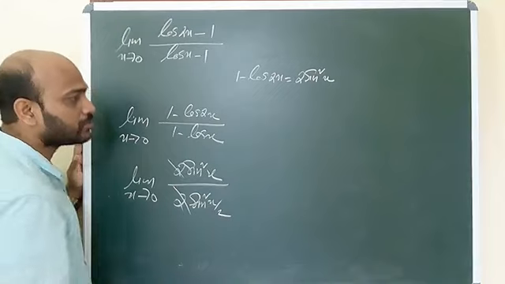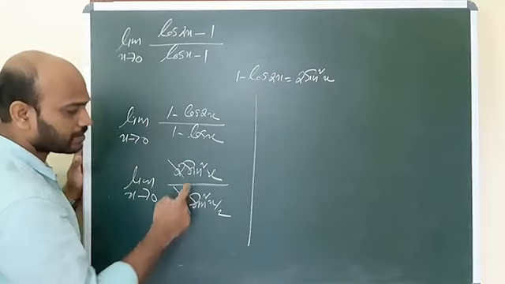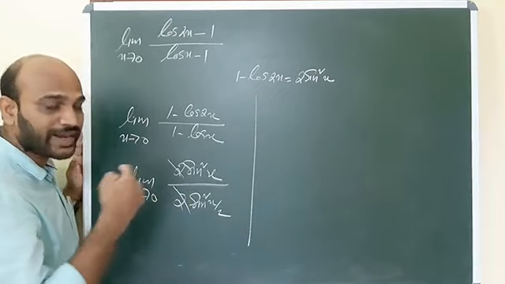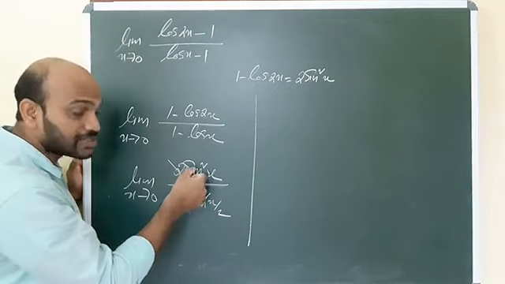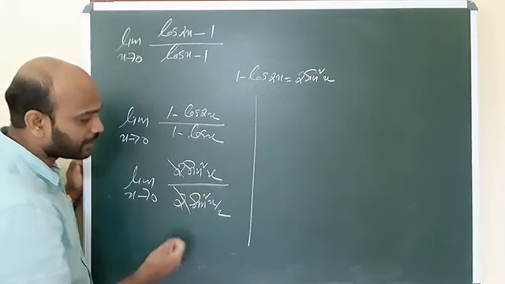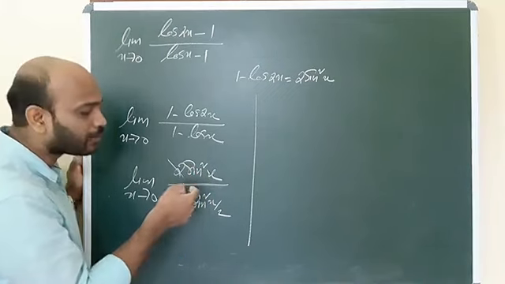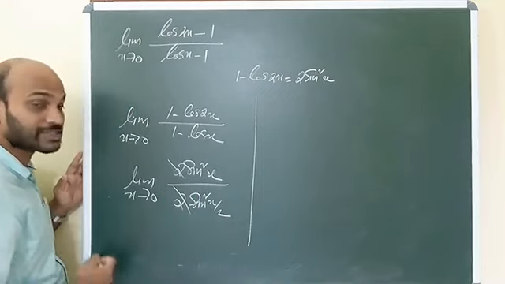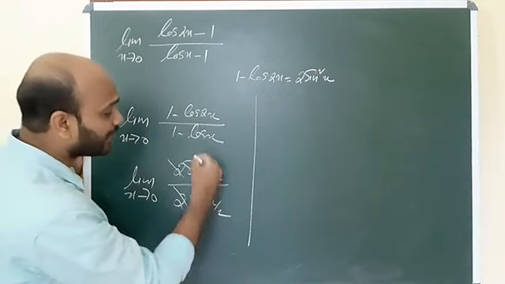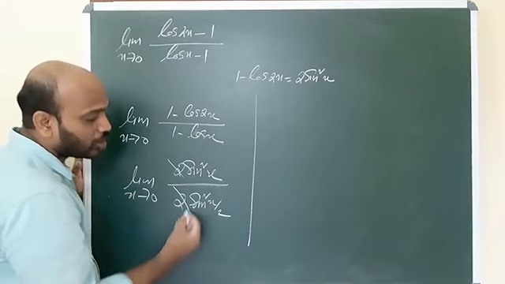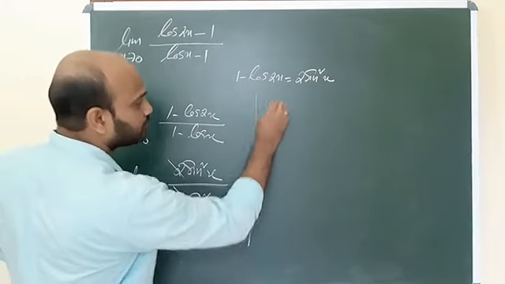We can cancel 2. Now we have to apply the formula sin x by x. So sin square x by x square should be here. The denominator should be sin square x by 2 by x by 2 whole square. So we can divide numerator and denominator with x square.